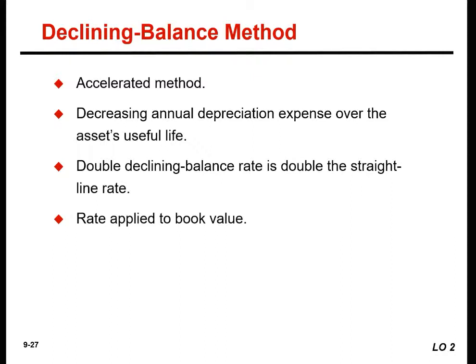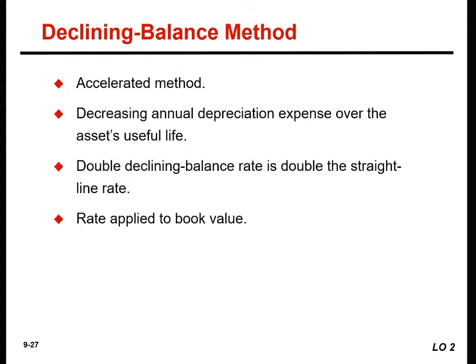For example, an asset with an estimated 5-year life, the annual rate is 100% divided by 5, which gives us 20%. And then we apply whatever the acceleration factor there is to that. We apply that rate to the book value as we move through the life of the asset.